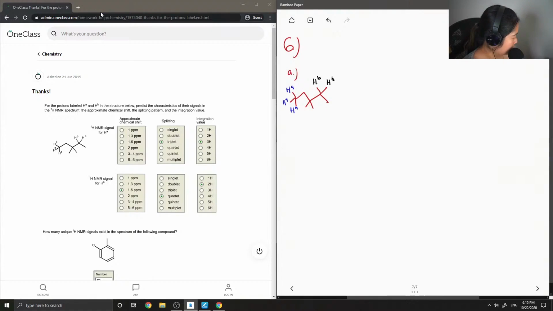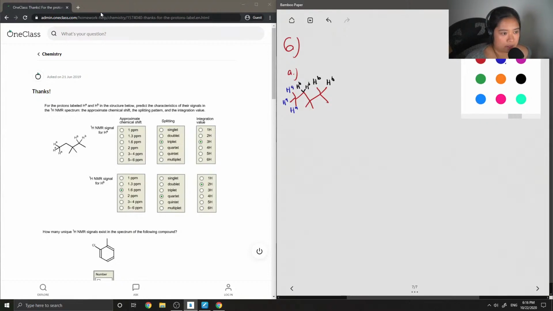And what they're also missing here is that we can also draw in that there are more HBs over here on that side, and there are also other hydrogens here that are chemically equivalent to HA.